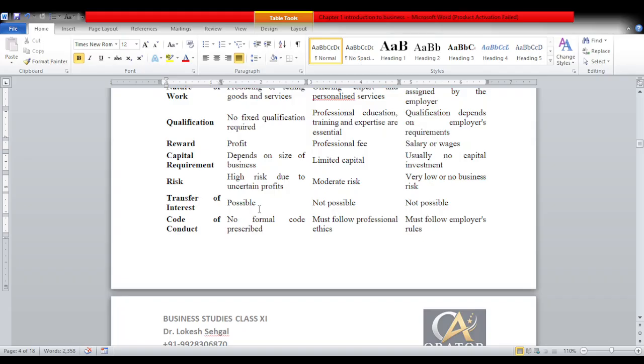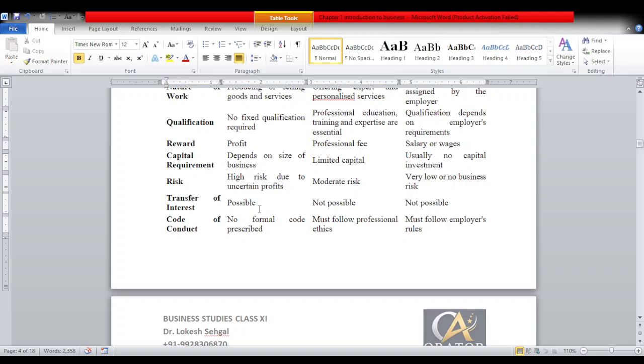Let me help you clear it out. They are not sharing their business, they are sharing their goods and services after production. They are sharing their interest with the other companies or partners. If the other partner wants to invest capital in their business, they are welcome. In this way they are sharing their interest, right?